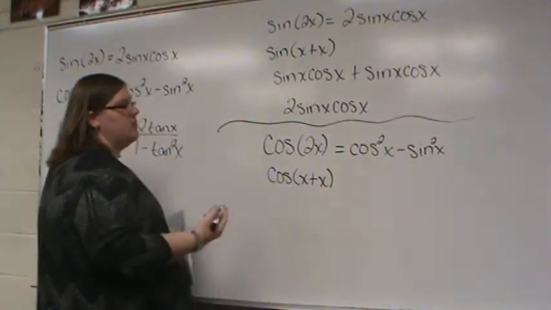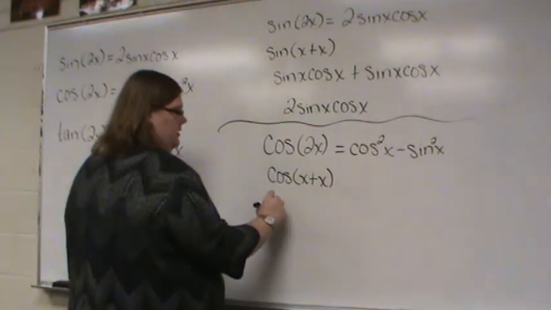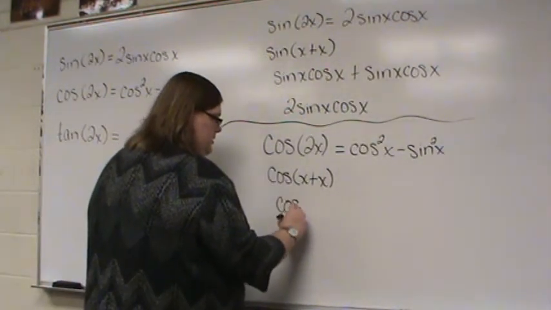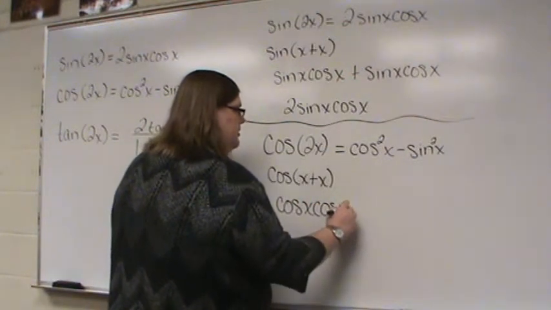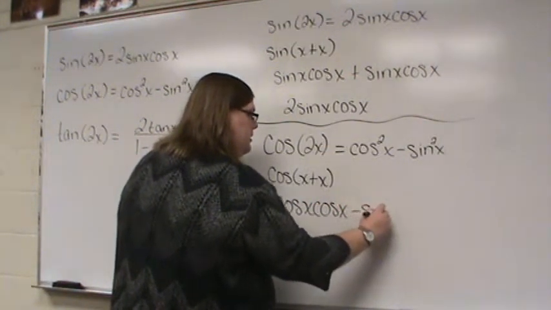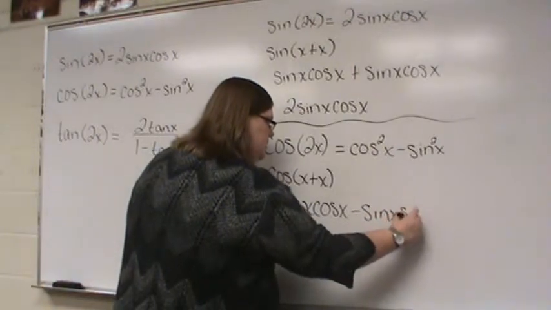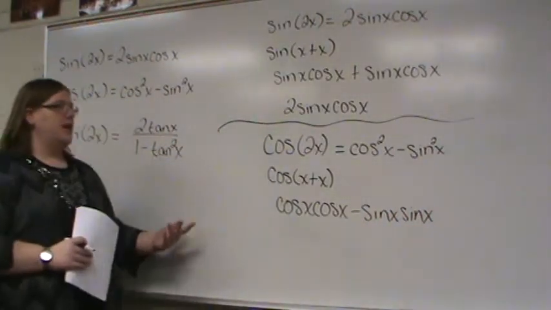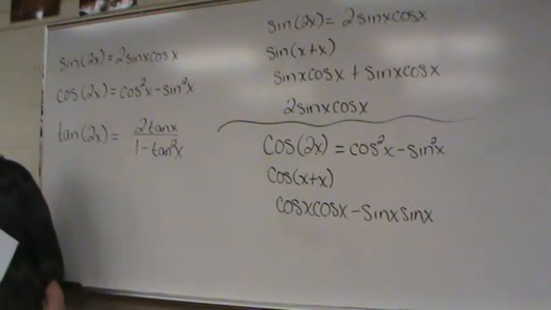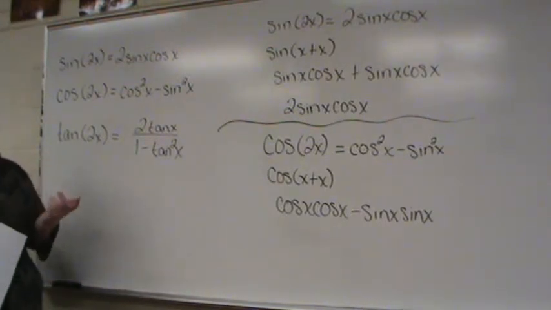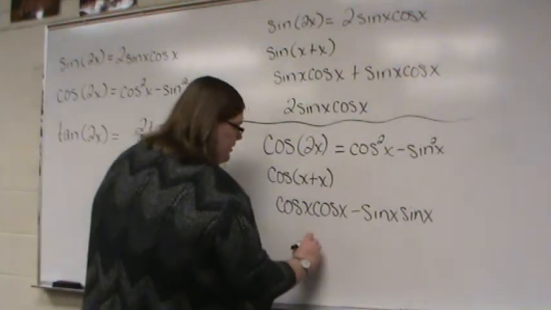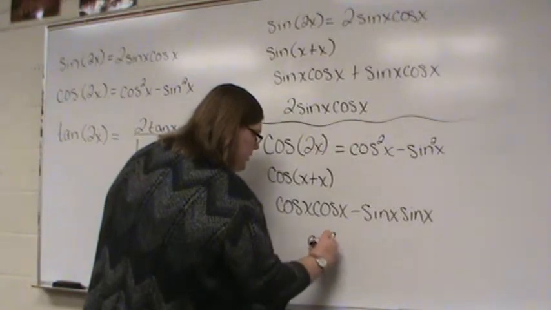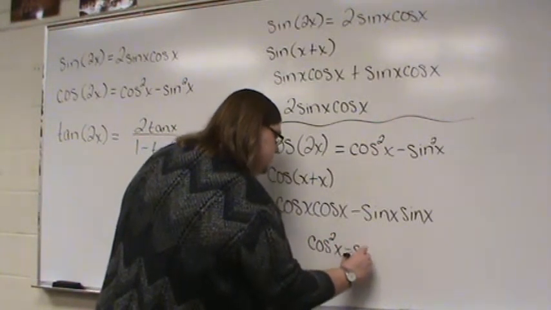So when we expand the cosine one, what does that look like? Cosine x times cosine x minus sine x times sine x. That's again just using our cosine addition identity. So now what do we notice about those terms? We can combine them, so what we end up with is cosine squared x minus sine squared x.